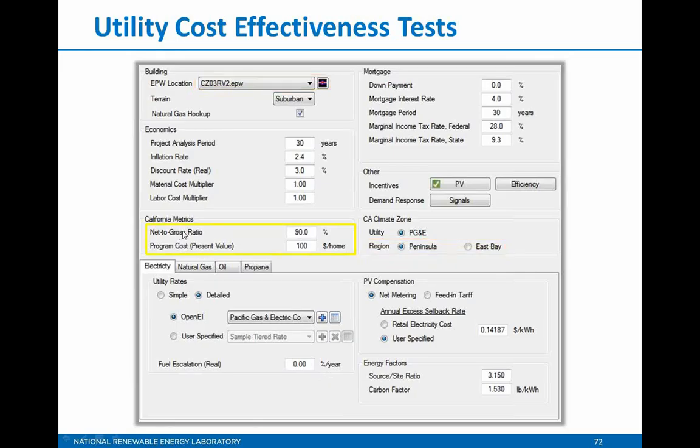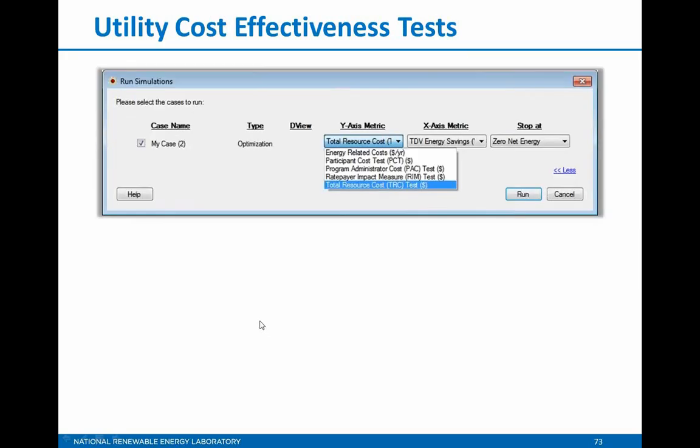Other inputs include the net to gross ratio, that is, how many of the incentives spent effectively purchase the desired benefit in terms of changes of energy use versus free riders, for example. There's an option here to introduce the administrative costs per home for a particular efficiency program.